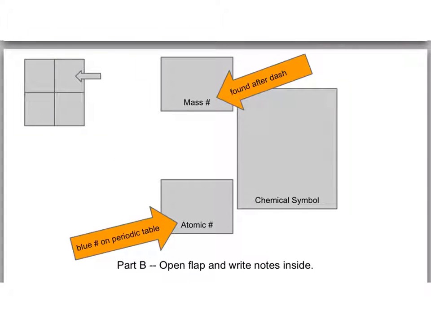Flap 2 is called isotopic notation. And so you're just going to make a really big box. This is all you're going to write under this flap, so you don't have to be really small. Whatever your symbol is, it goes right here. So if I do an example over here to the side, we'll do carbon again. So that is our chemical symbol of carbon. And we're still going to do that same one. We're going to do carbon-13.